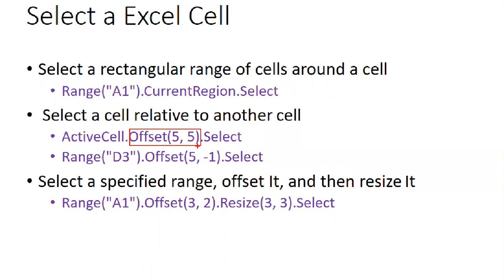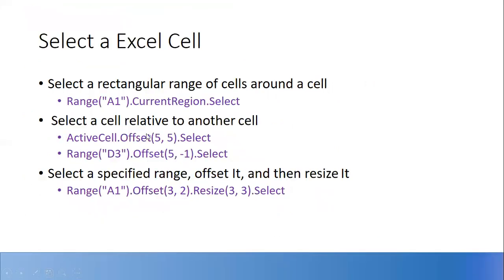Now I want the data operations to start from the 3rd row or 5th row, or move a little column ahead and then start. So I can also do this: ActiveCell.Offset, move to a particular row and column, and then Select. So this is an offset.